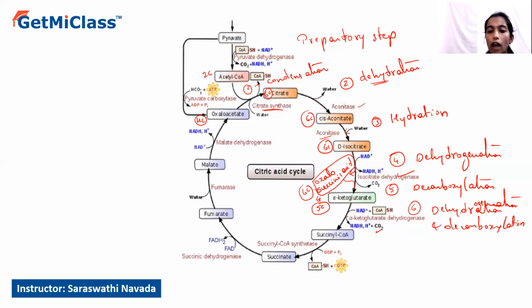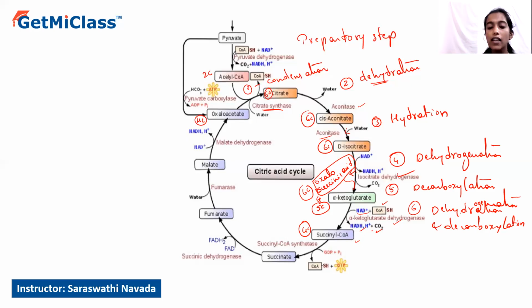The removed hydrogen ions will be accepted by the NAD plus to form NADH and H plus, and the carbon dioxide will be released. This carbon dioxide release is coupled with the addition of a coenzyme A group here. As a result, it forms a high energy 4-carbon compound that is called succinyl coenzyme A. This succinyl coenzyme A formation from the alpha ketoglutarate is catalyzed by the enzyme called alpha ketoglutarate dehydrogenase. So this particular enzyme catalyzes this reaction.